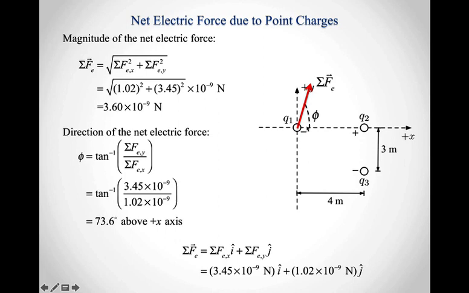So here I've defined the angle phi to be the angle between the net electric force and the x-axis. And so I see that because I've got two positive components, I'm going to have an angle that's above the positive x-axis. Plug in my y component over x component, do the calculation, I get 73.6 degrees above the positive x-axis.